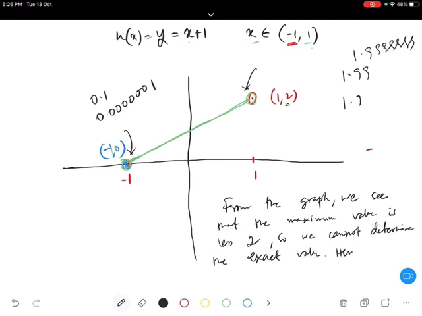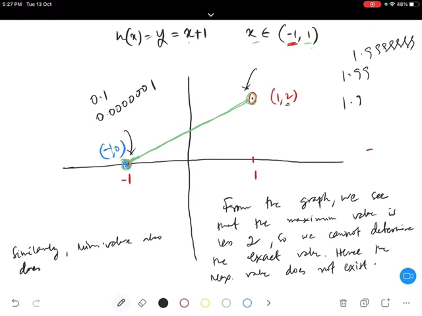Hence the maximum value does not exist. Okay? Similarly, the minimum value also does not exist. Everyone clear? Yes or no? Yes or no? Quickly tell me.